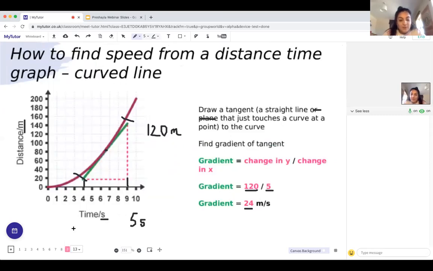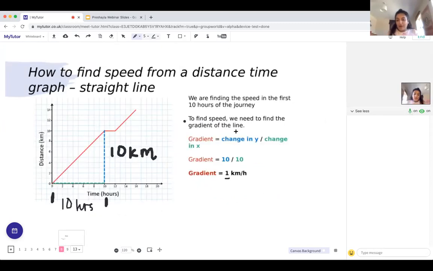So the difference between doing it for a straight line is much easier. We just go straight in. We can find the gradient of the portion of the graph that we're looking at the speed for. So to find the speed, we find the gradient of the line. For a straight line, it's pretty simple. We just do change in y over change in x.